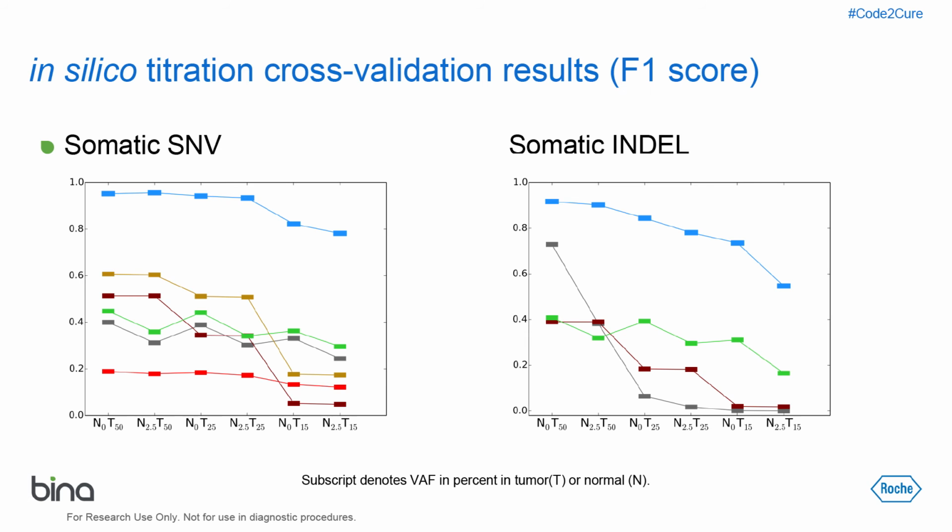And for the 6 settings, the data goes progressively more challenging when you go from left to right. But for each of the settings, you can see that even though SomaticSeq's performance decreases, it's still much better than each of the individual tools that it has incorporated for both SNV and indel.